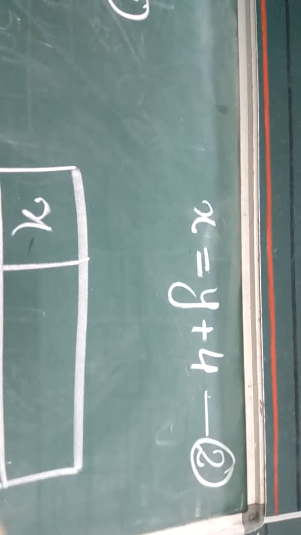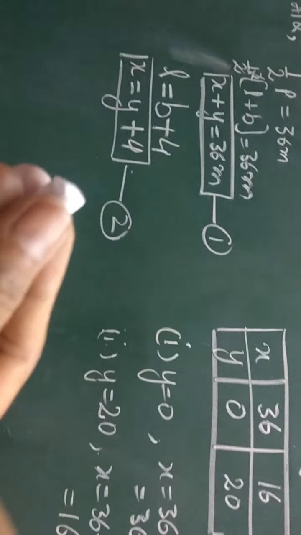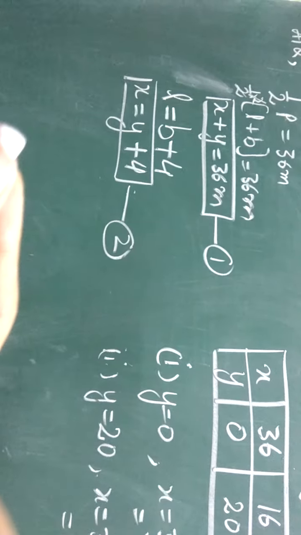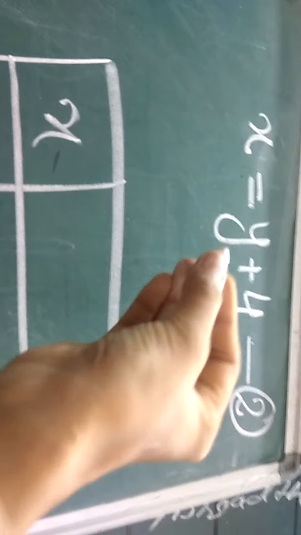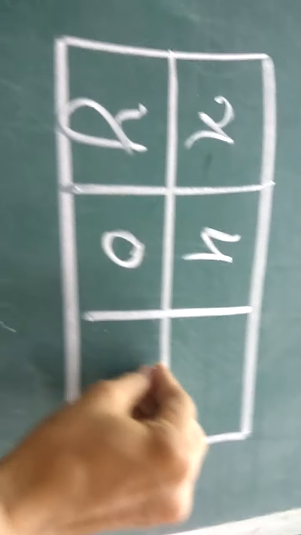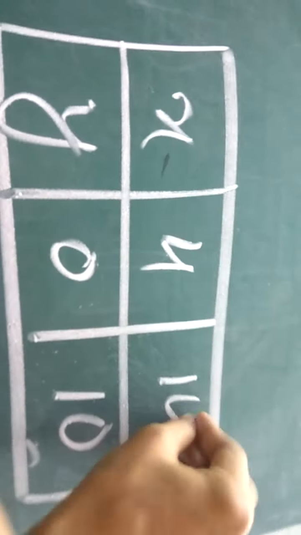Now let us solve for the second equation. The second equation is x is equal to y plus 4. Length x is 4 more than its breadth. So let us solve this also. When we take y is equal to 0, then x will be 4. When y is 0, 0 plus 4, x is 4. When we take y is equal to 10, so 10 plus 4, you will get 14.